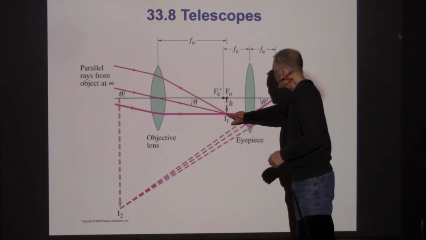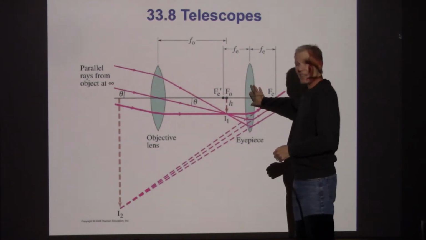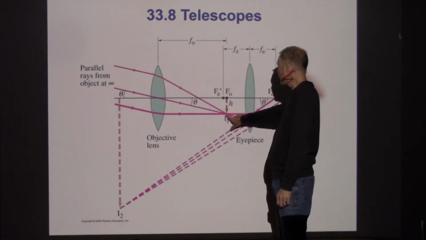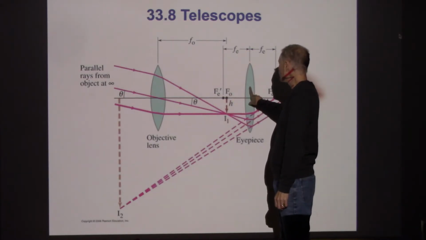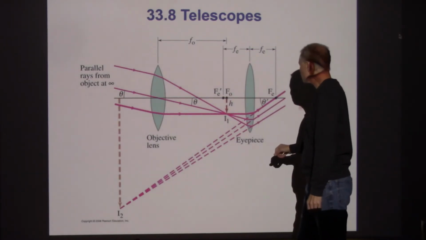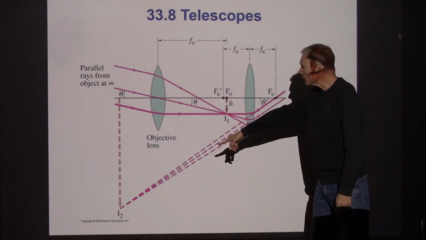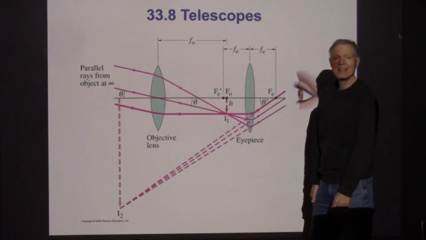Now, from here, what we do is we put a second lens in place. And for this lens, this is going to be the object. And what we want to do is create an image that is effectively infinitely far away.